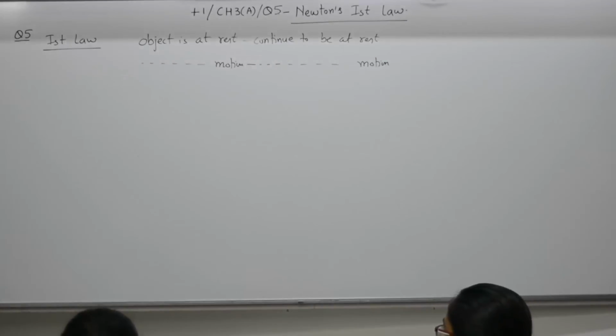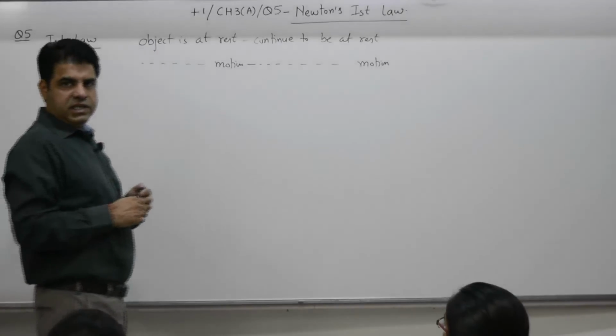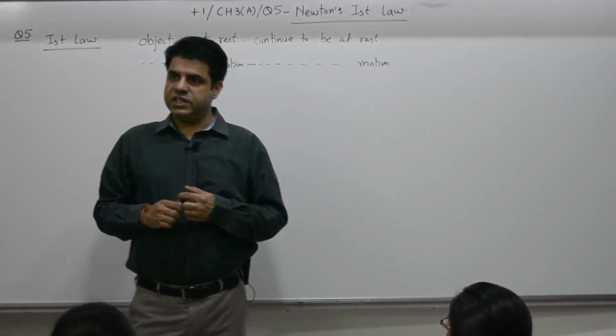Statement: if the net external force on the body is 0, that means if there is no force acting, its acceleration is 0. Acceleration 0 means the velocity is constant.